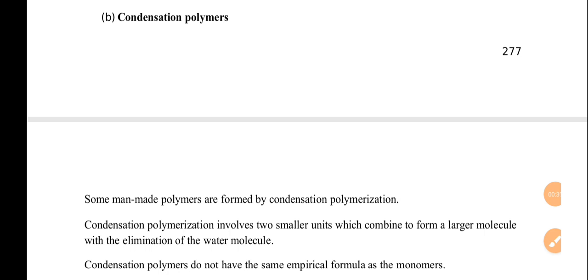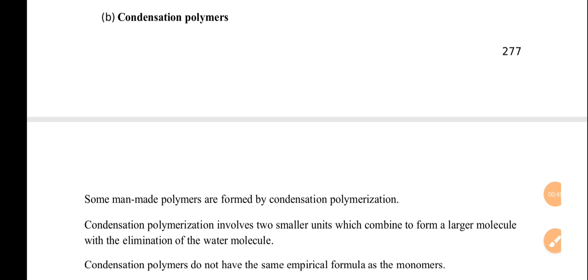Okay, so today we are going to conclude the topic we started some days ago. This topic is called organic chemistry. Specifically, we've been talking about macromolecules or polymers.